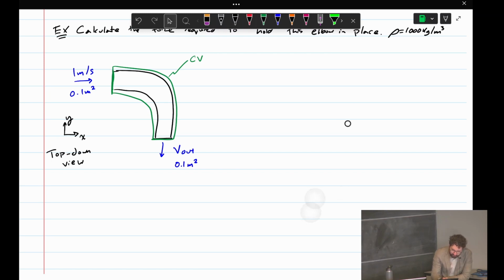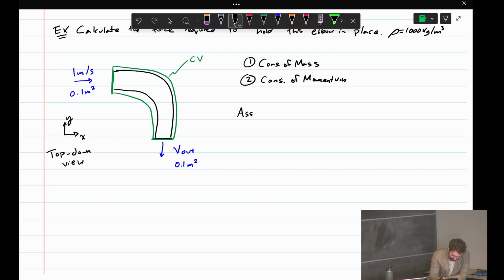So how you will solve most of these problems is you start with conservation of mass, and then the second step is conservation of momentum. If we assume a steady state condition, we can use our formula from before.